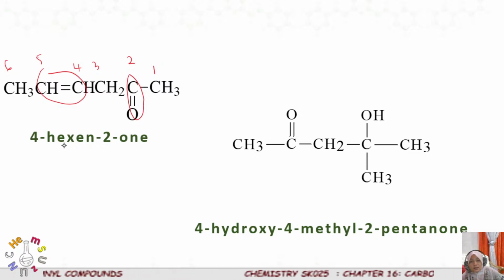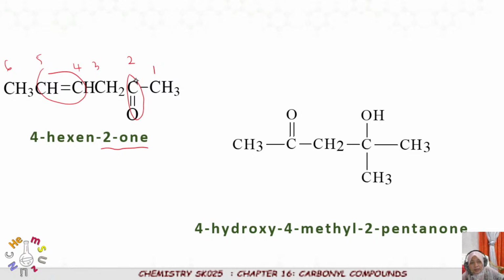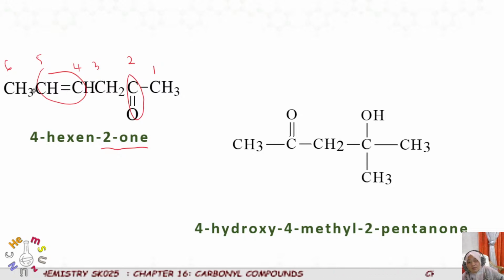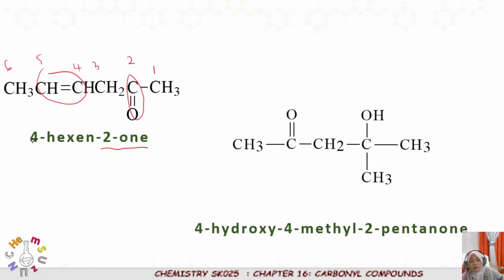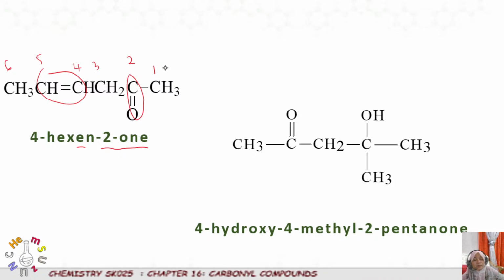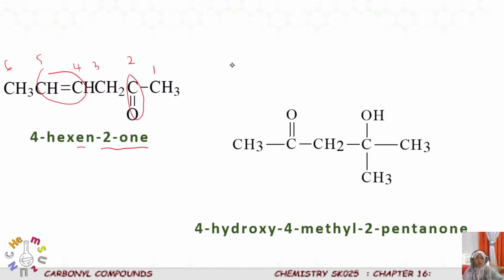So we name it 4-hexen-2-one. Why 2-one? The 2-one shows that C double bond O is at carbon number 2, because it could be at carbon 3, carbon 4, and so on. Altogether we name it 4-hexen-2-one, where the E shows the carbon-carbon double bond.